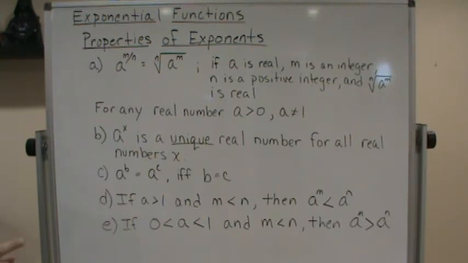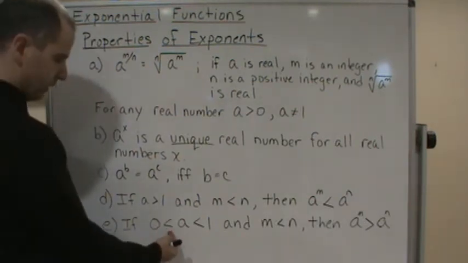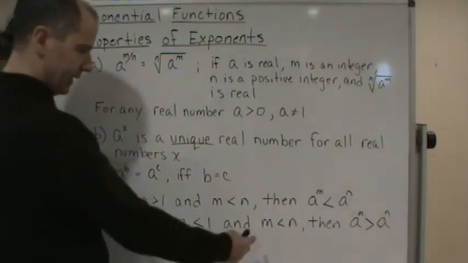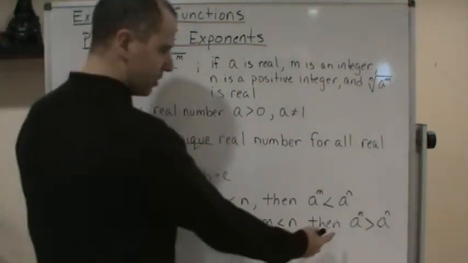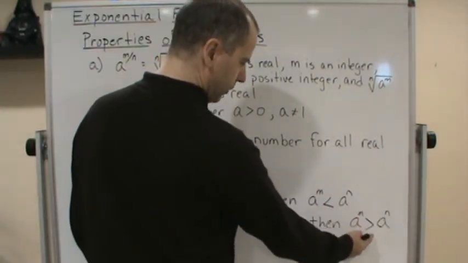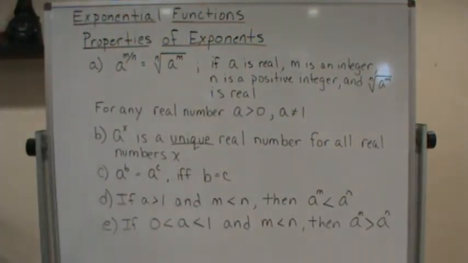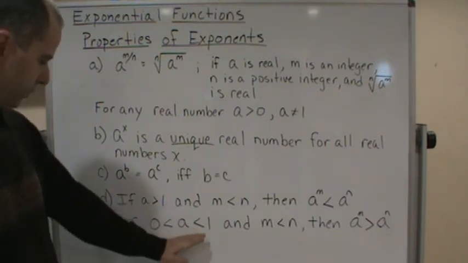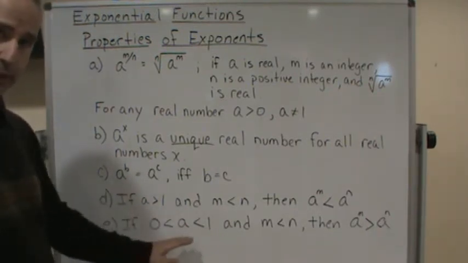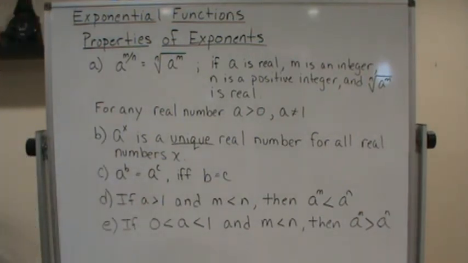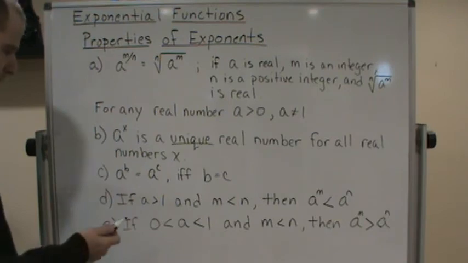But if a is between 0 and 1 and m is less than n, then a to the m is actually greater than a to the n. Remember, this has to do with the fact that between 0 and 1 we're dealing with fractions. So again, play with that and do some examples.